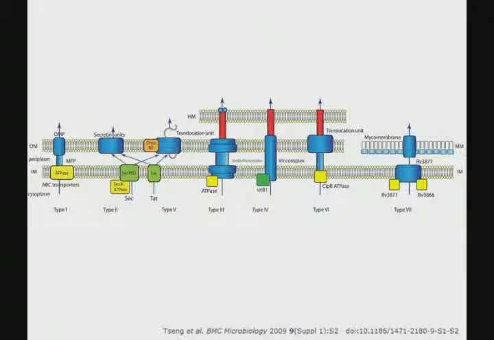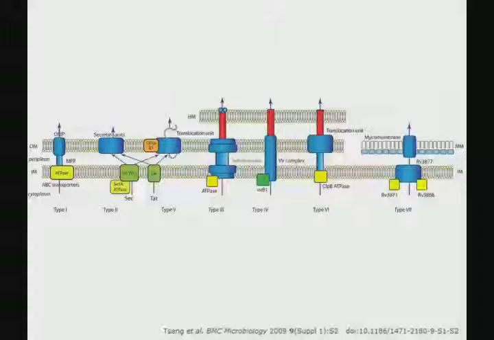And then we have types 3, 4, and 6, which are all contact-dependent secretion systems. All of these are used by bacteria to transfer substrate from their own cell into a host cell. In the case of type 3 secretion, the host cell is a eukaryotic cell. It can be a human cell, an animal cell, a plant cell.